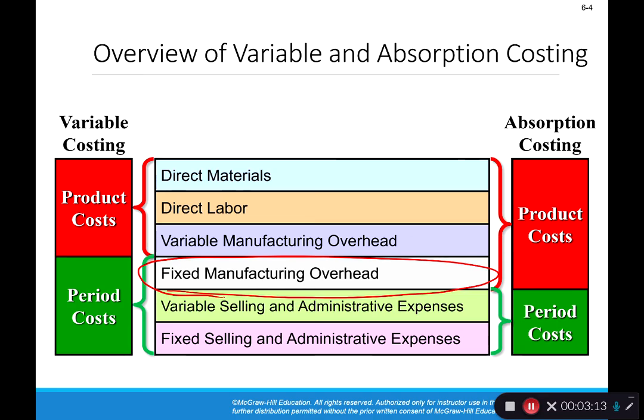Selling and admin costs, fixed and variable, are always period costs no matter the method we're using. Direct materials, direct labor, and variable overhead are always product costs no matter what method we're using. So again, it's how we are treating that fixed overhead. Fixed overhead is treated as a period cost under variable costing and as a product cost under absorption costing.